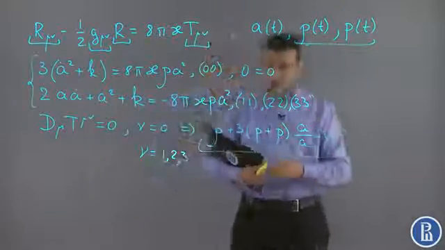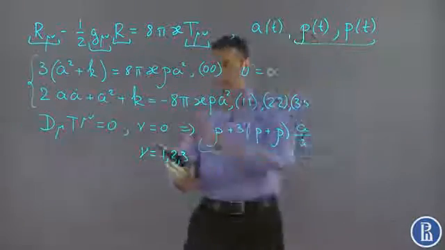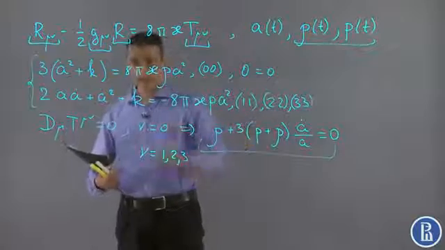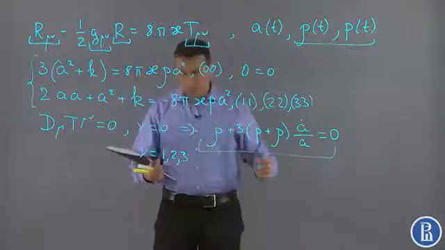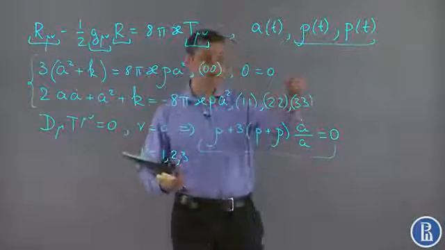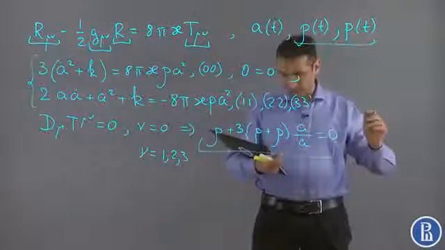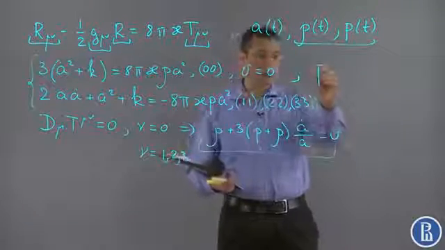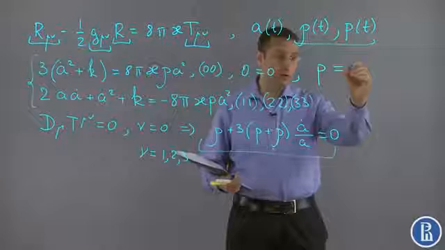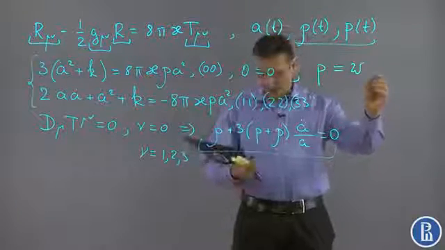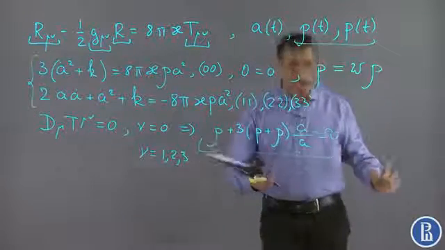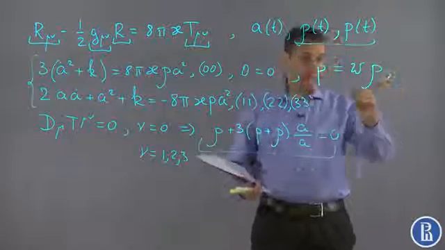Now, to solve these equations, these two or this, they are not independent again, we have to specify the equation of state. The standard equation of state in cosmology is P equal to some parameter omega times rho, where omega is constant.